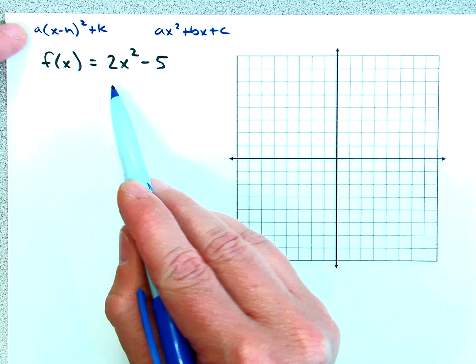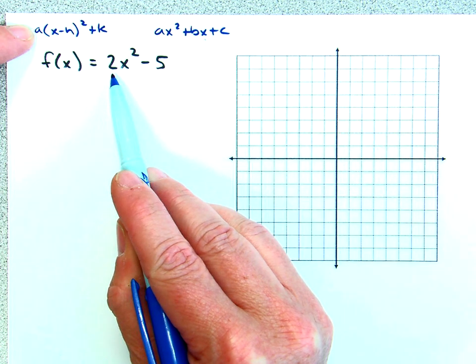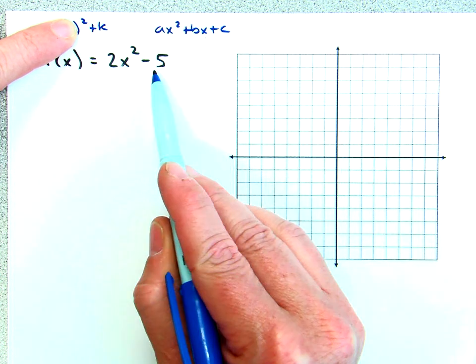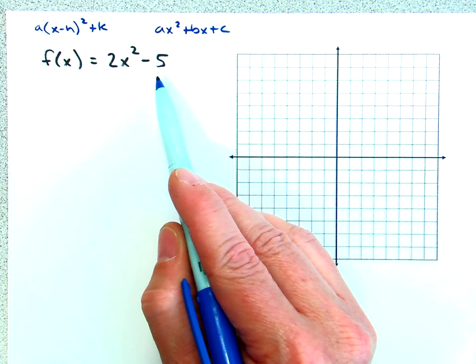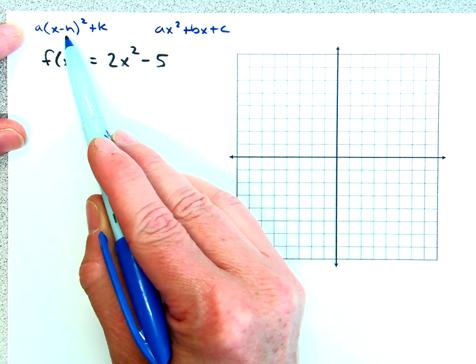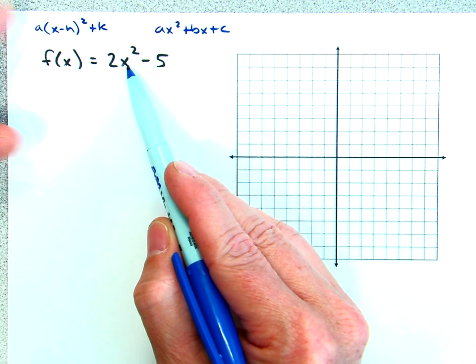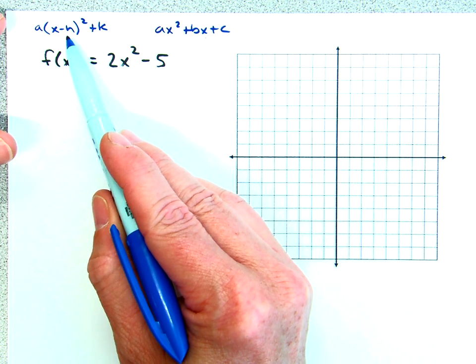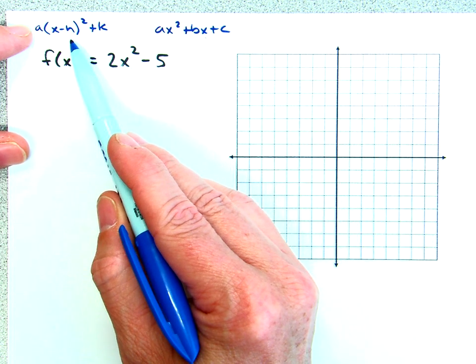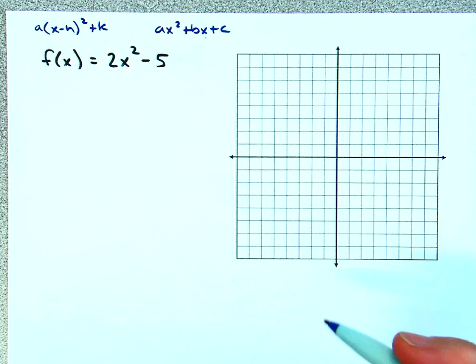we can say that this guy is our a. Any value that's added or subtracted on the squared term would be your k, and then h would be a value that's either added or subtracted to x before squaring it, which we don't have. So realistically, we have this in vertex form. It's just that h is like a 0.